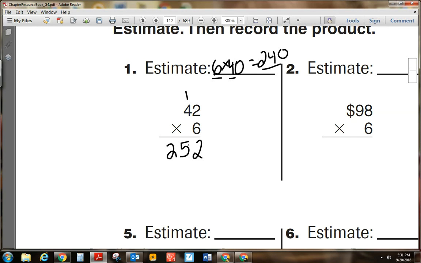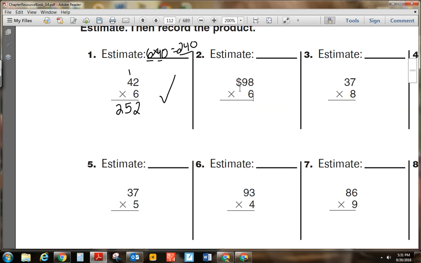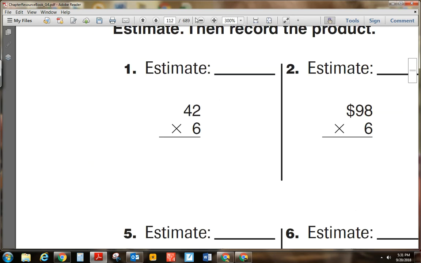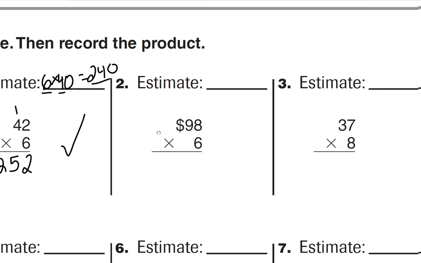So here's my exact product, 252, and that's pretty reasonable, so I'm thinking I got this one correct. Let's scoot over to problem number 2 now.